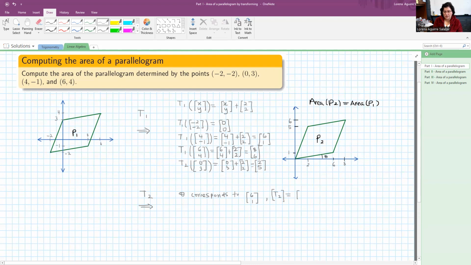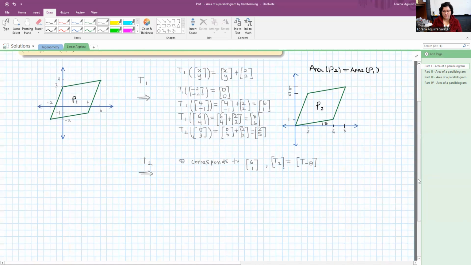So this is denoted by transformation T sub negative theta. Okay. Then let's try to find T2.